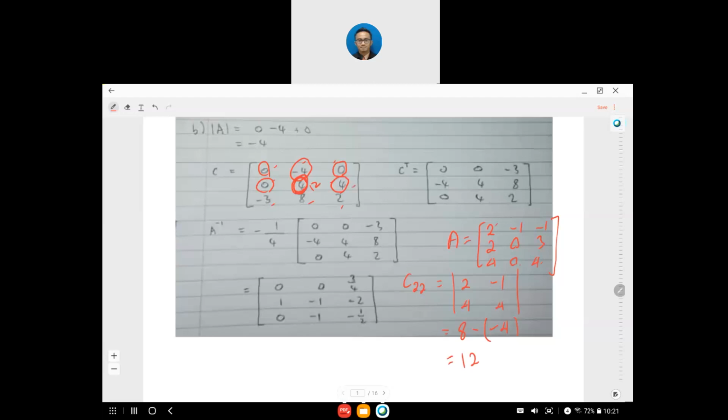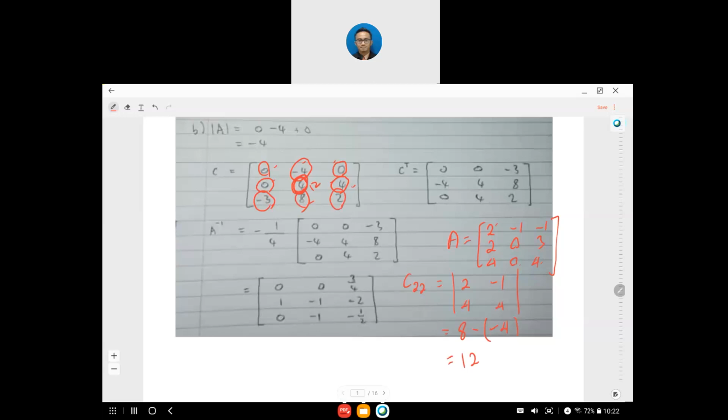Okay, and then this one, negative 3. Negative 3, okay, correct. This one, 8. We can check 8. 2 times 3, 6, minus, yes, 8. And then this one, 2. 0, 2, correct.